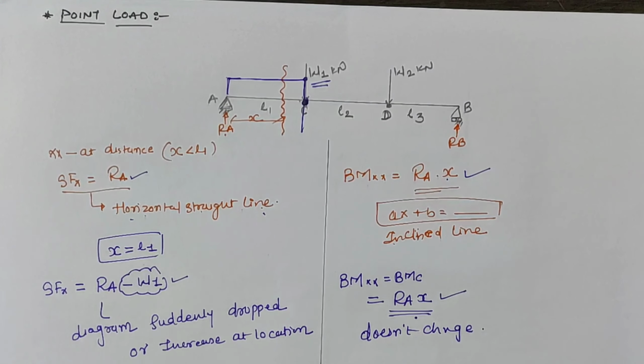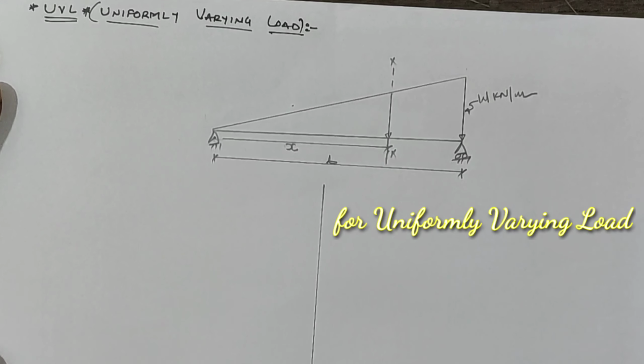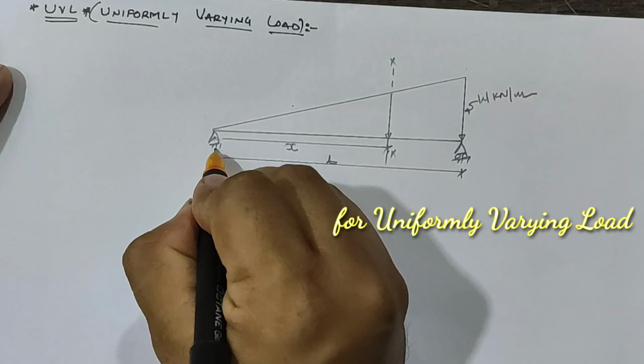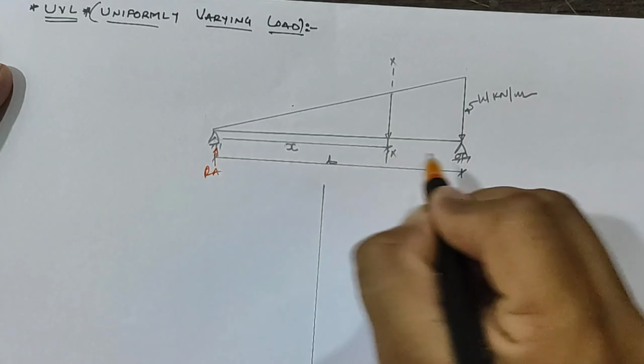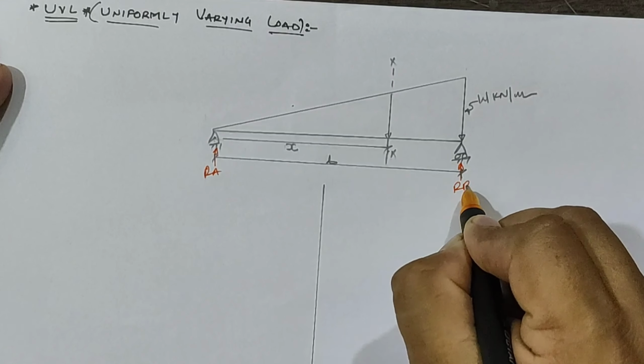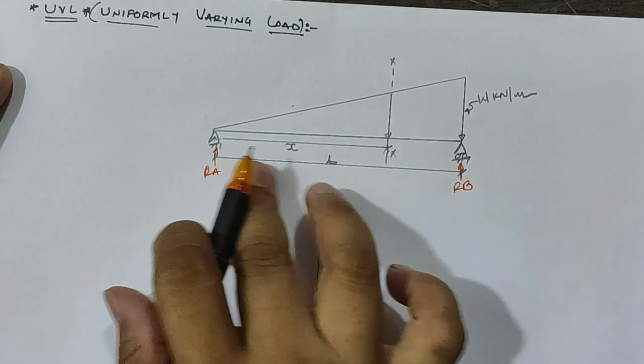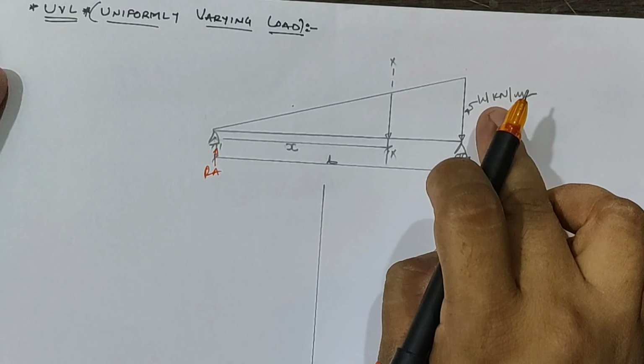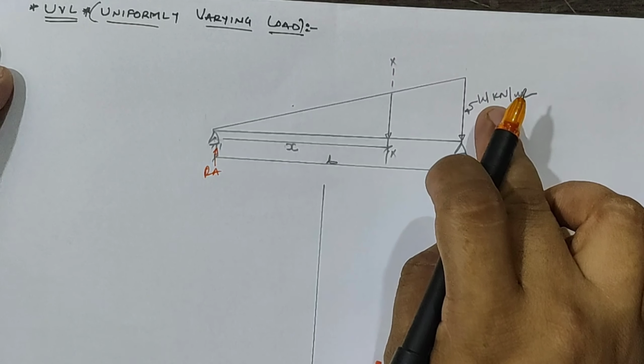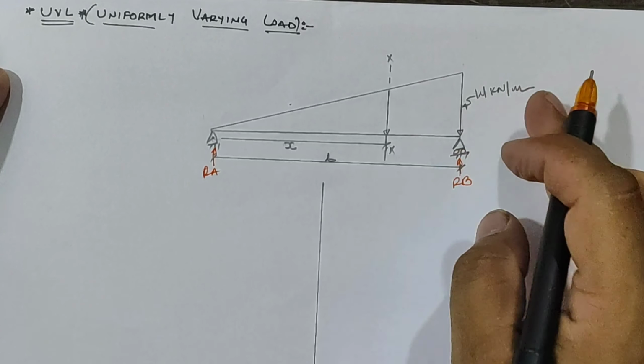Now let us go for the third type of load, the uniformly varying load. Now for the uniformly varying load, as shown in the figure, the reactions are Ra and Rb, where the load span is L meter and loaded with W kilonewton per meter as a uniformly varying load.